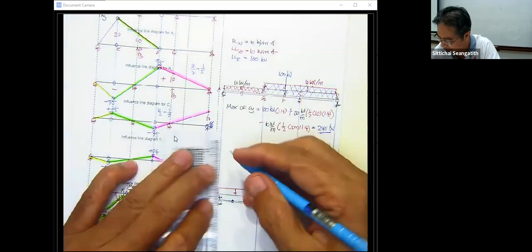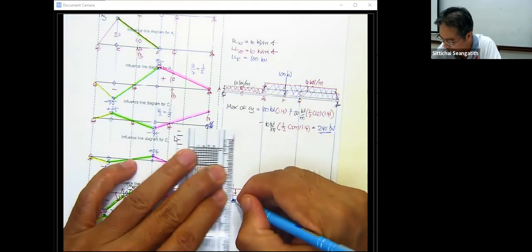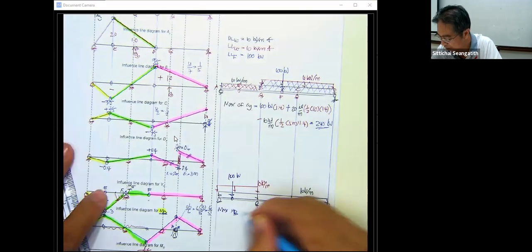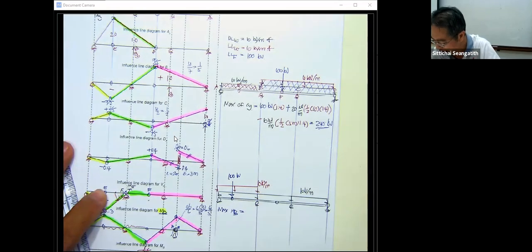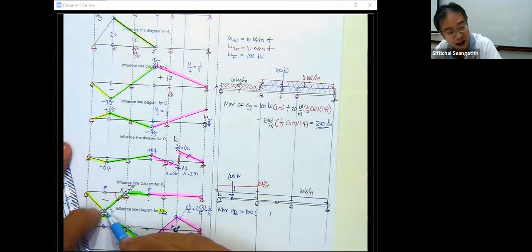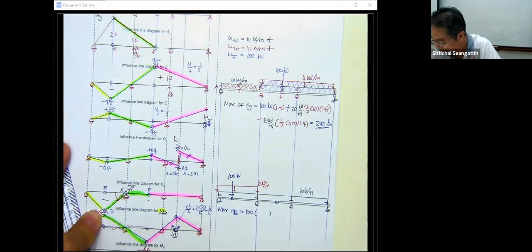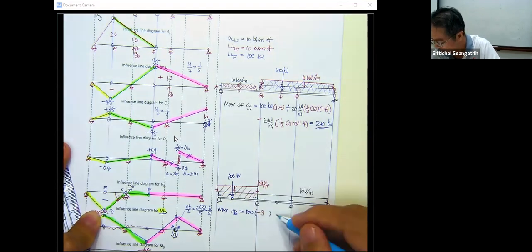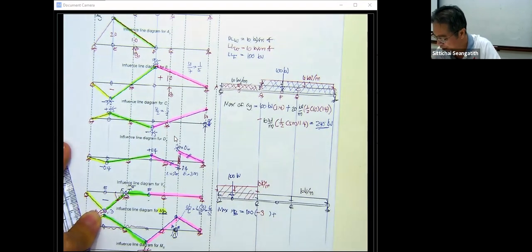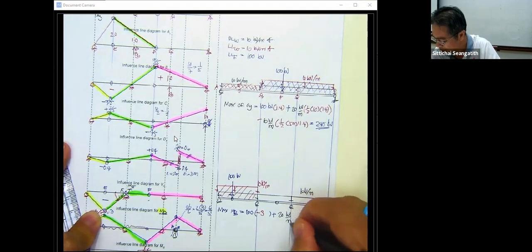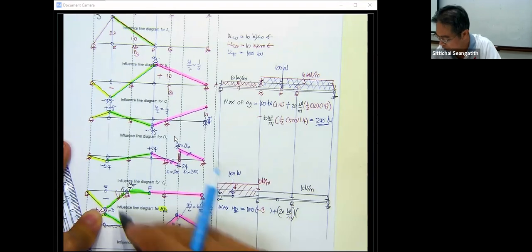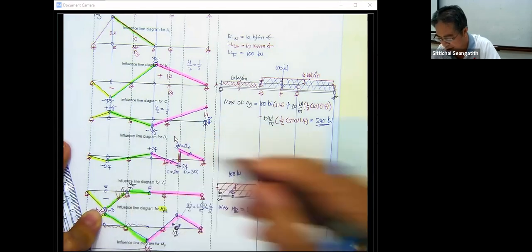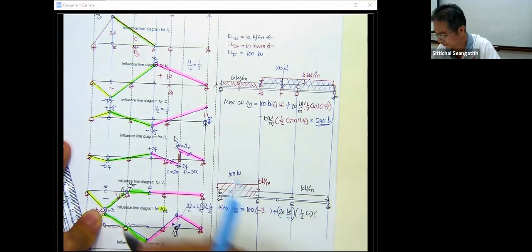That is 100 kilonewton. So maximum M sub B this time is going to be 100 times this one times minus 3. And then we have this one going together, plus this combination is 20 kilonewton per meter, times 1/2 of the length here of 5 meter, and this one is going to be -3.